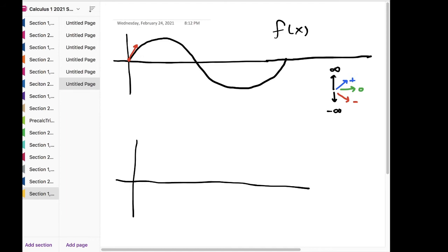Here, maybe this is a good strategy for sketching the derivative. Yeah, it is positive. Here's a good strategy for sketching the derivative.